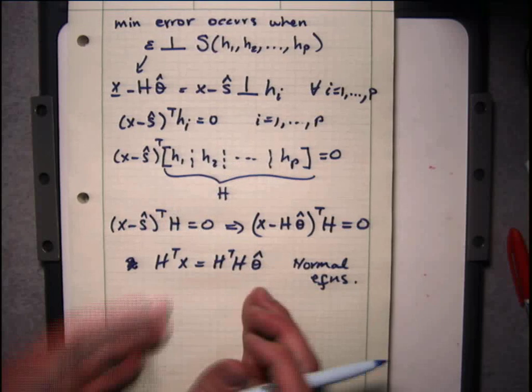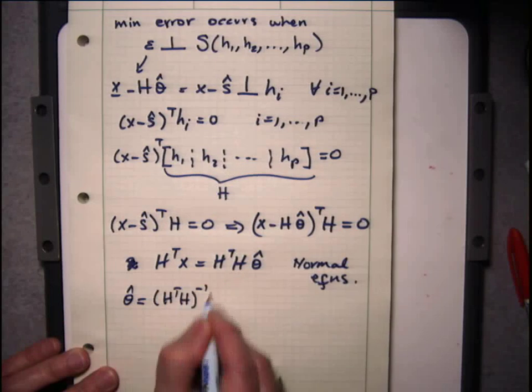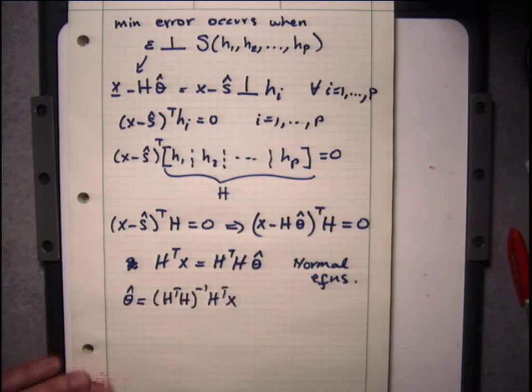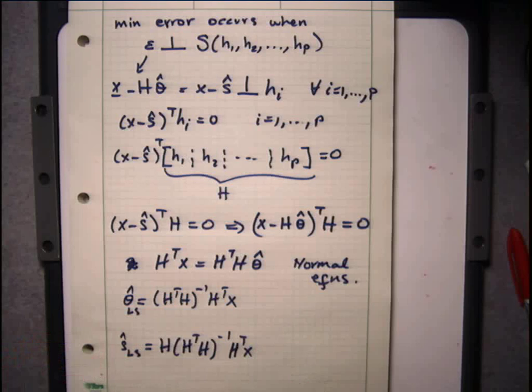Now of course, if you solve this for theta hat, you get theta hat equals (H transpose H) inverse H transpose x, which is in fact the least squares solution. Now with this in hand, if you also wanted the least squares solution for S, which is this product, that would be H (H transpose H) inverse H transpose x. Okay?